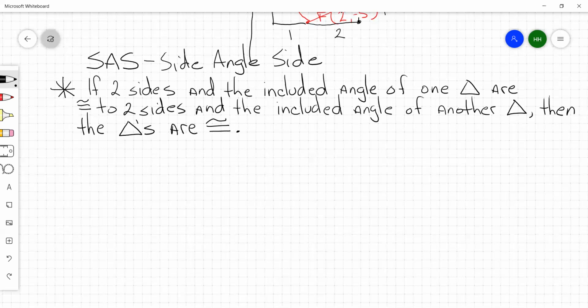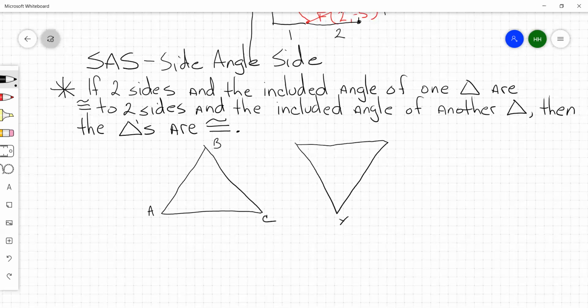Side angle side congruence would look something like this. Here's side, included angle, and side, congruent to side, included angle, and the side.